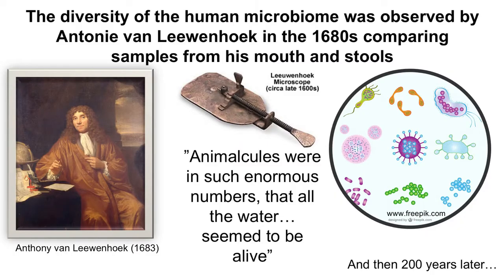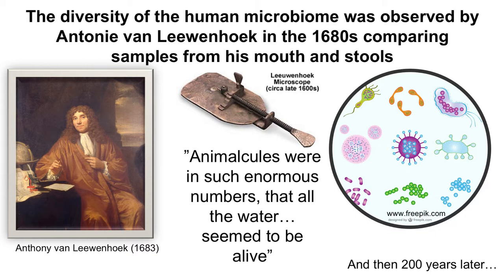But looking back, if we go to the 1600s, we probably all remember from our biology that Anthony van Leeuwenhoek, who developed a microscope, was observing from his own samples in his mouth that there were animalcules in such enormous numbers that all the water seemed to be alive.